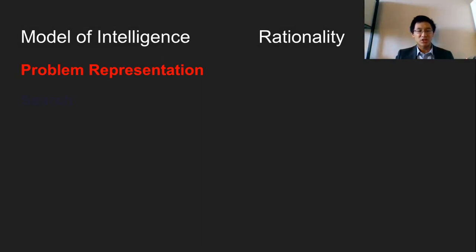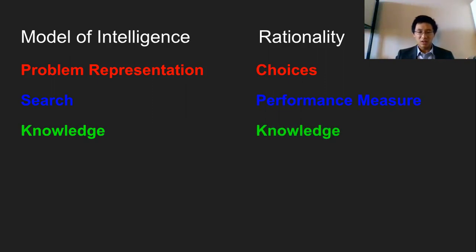Our model of intelligence is made up of these three things, and our rationality component is made up of these three things. Well, you can tell already that knowledge is in both of them, so there's a great deal of overlap already. And choices and problem representation have a lot to do with each other, and the performance measure and search do too. But I guess rather than just saying that that's the case, I'm going to map that out for you. We're going to focus first, though, on problem representation.